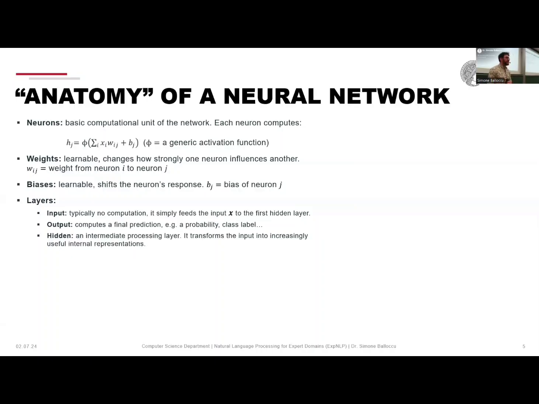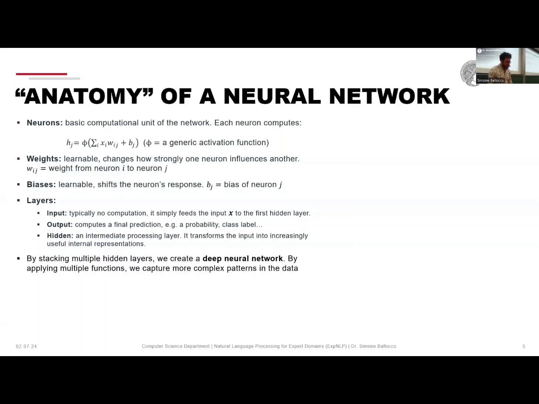And then we have these hidden layers, and that's where things start to get interesting, because a hidden layer is an intermediate processing layer. So basically it takes whatever comes from a previous layer, applies some kind of transformation, basically the same that we saw here, and pushes forward.